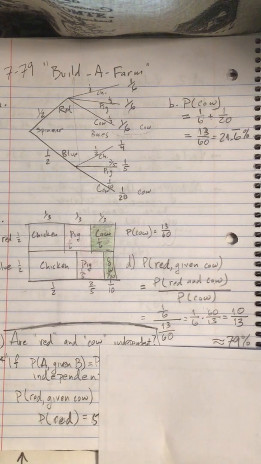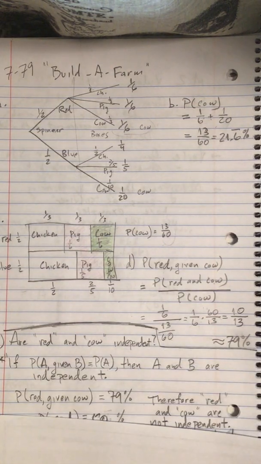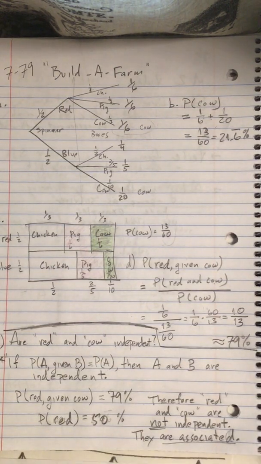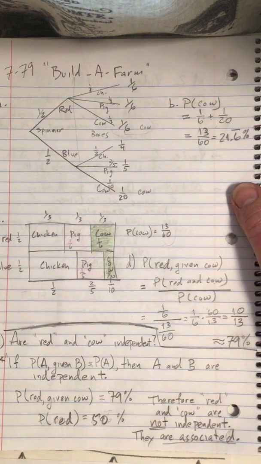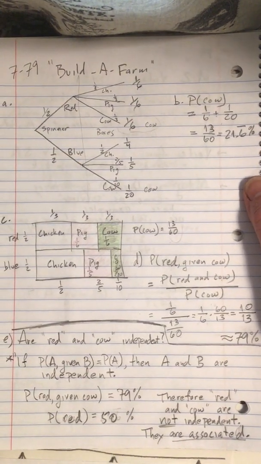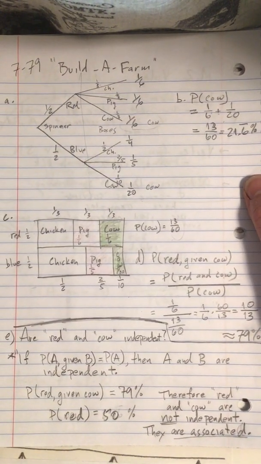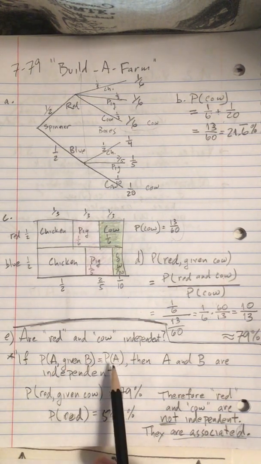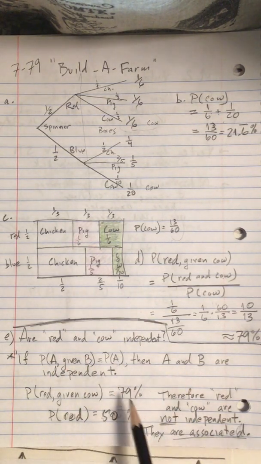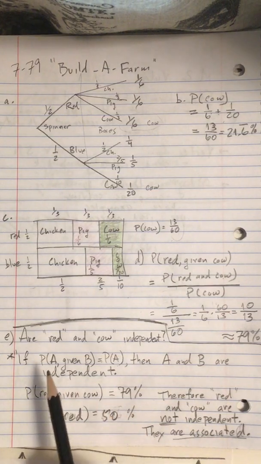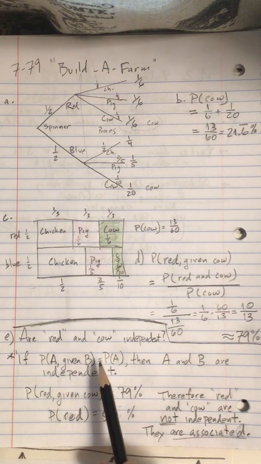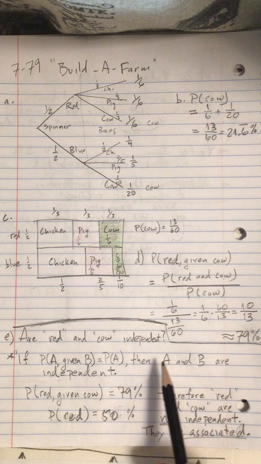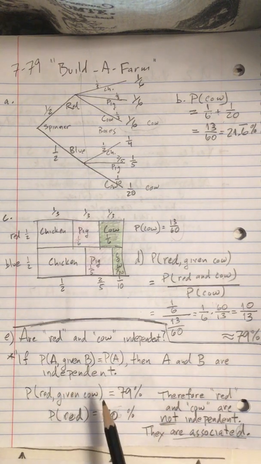Then they ask this other very important question: are these two events, red and cow, independent events? Once again, the first video illustrated this little test to see if two events are independent of each other. If they satisfy this equation, they are independent. So if the probability of A given B equals the probability of A, then A and B are independent events.